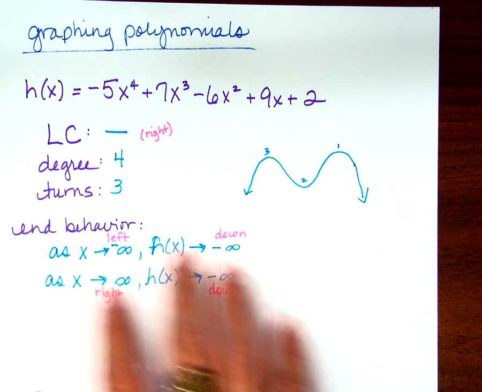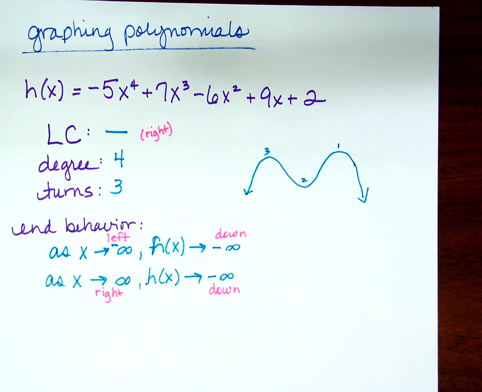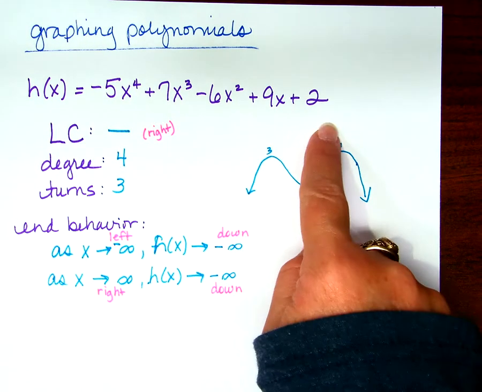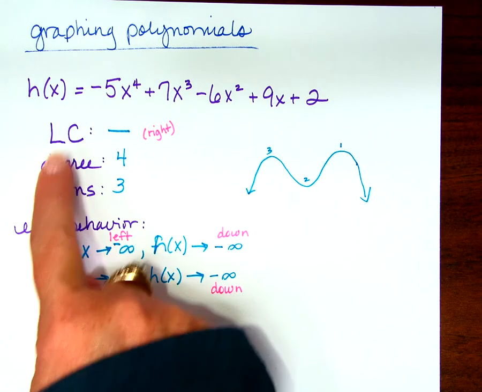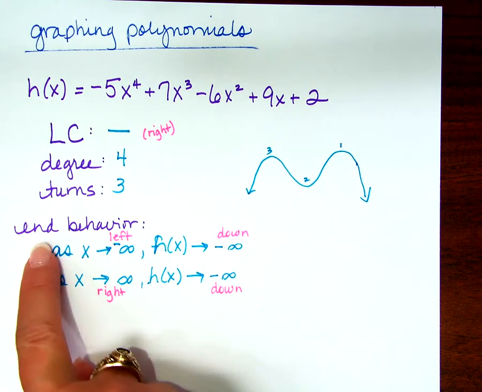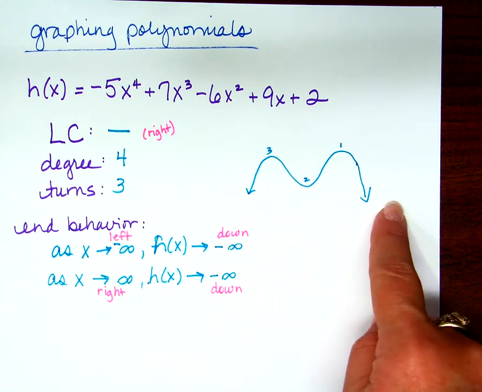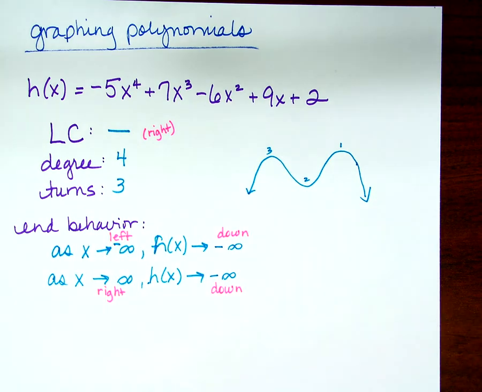So all of our work, quote unquote, our work is the answer. Does that make sense? Okay, so for each function that I give you, you're going to know the leading coefficient, the degrees, the terms, and the end behavior, and you're going to have a little sketch over here.